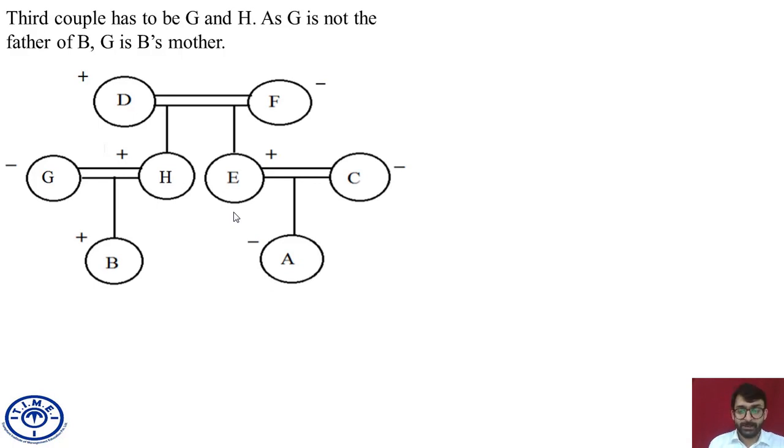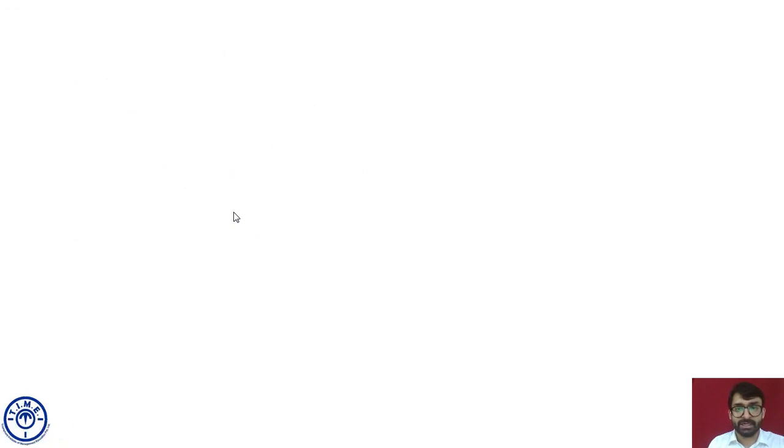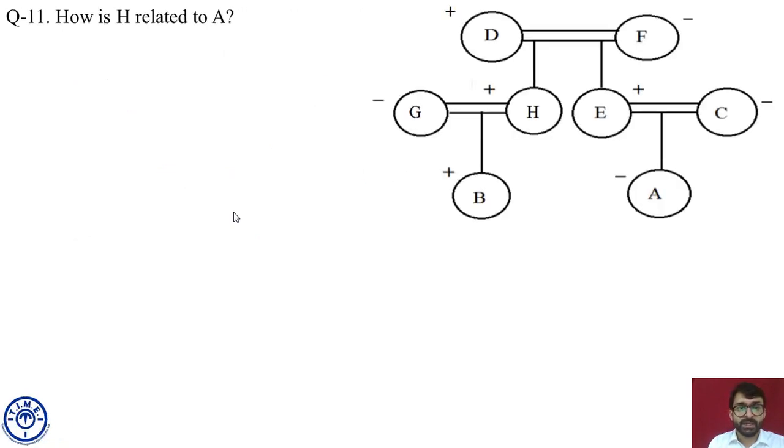Is it okay, everybody? So let's read the question and answer one by one. How is H related to A? The relation of H is asked with A, so we have to be a little careful.